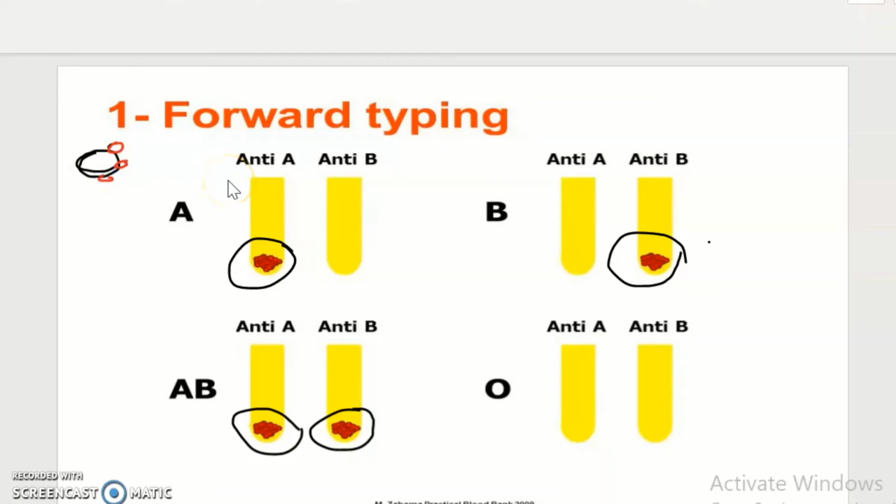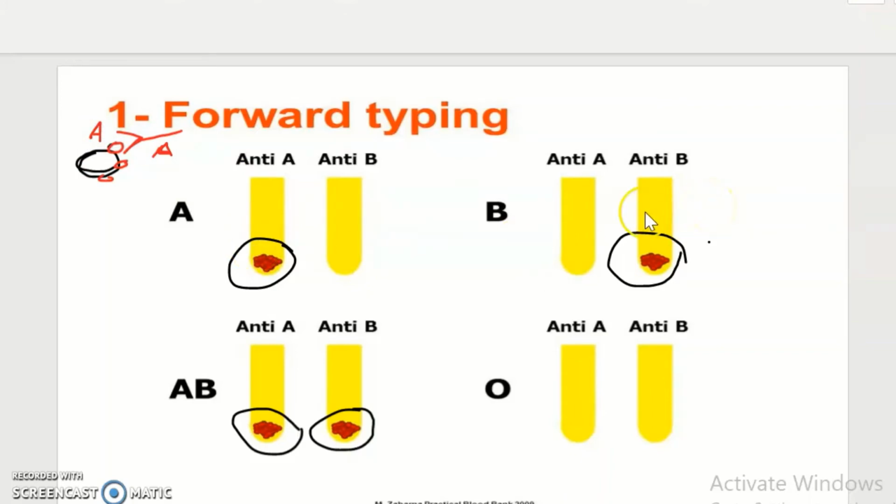And when you add anti-A reagent that contains anti-A antibody, this A antibody is directed towards A antigen, and you see agglutination.